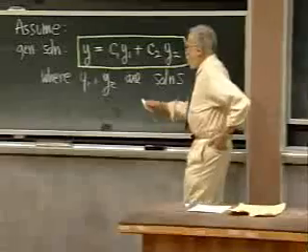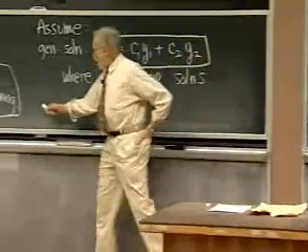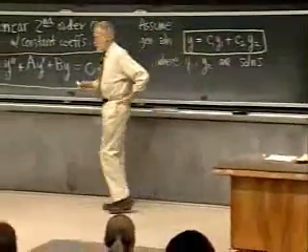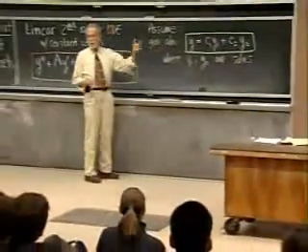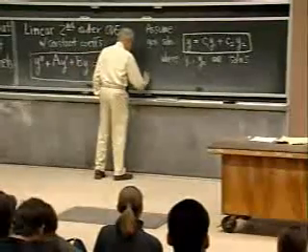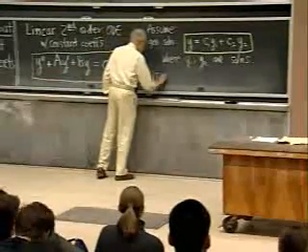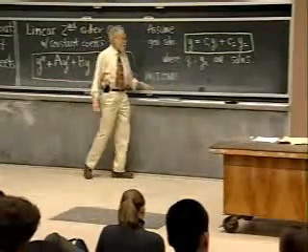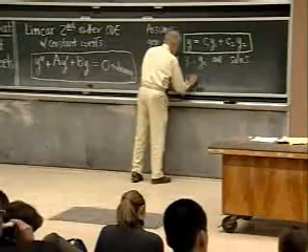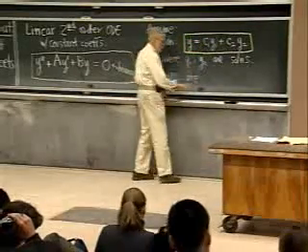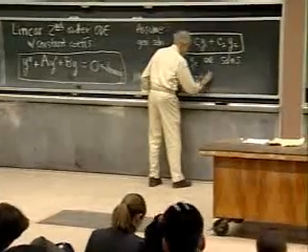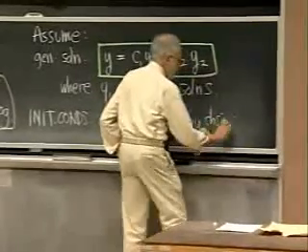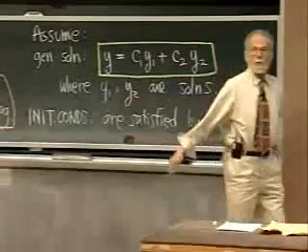But first of all, or rather second or third of all, the initial conditions enter into it. I haven't given you any initial conditions here, but if you have them, and I'll illustrate them when I work problems, the initial values are satisfied by choosing C1 and C2 properly.